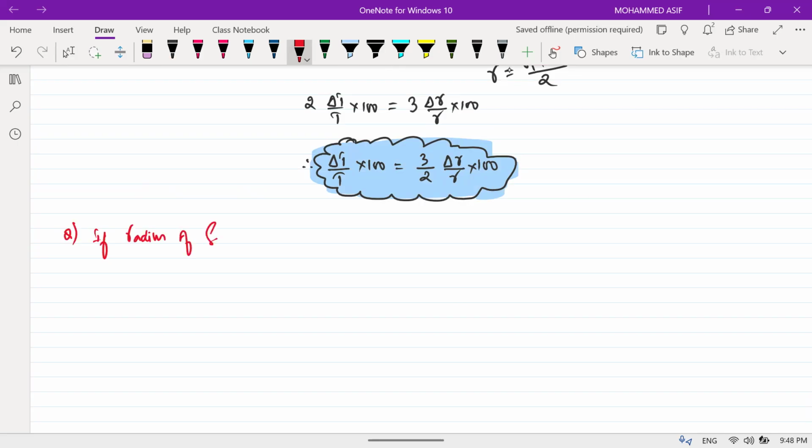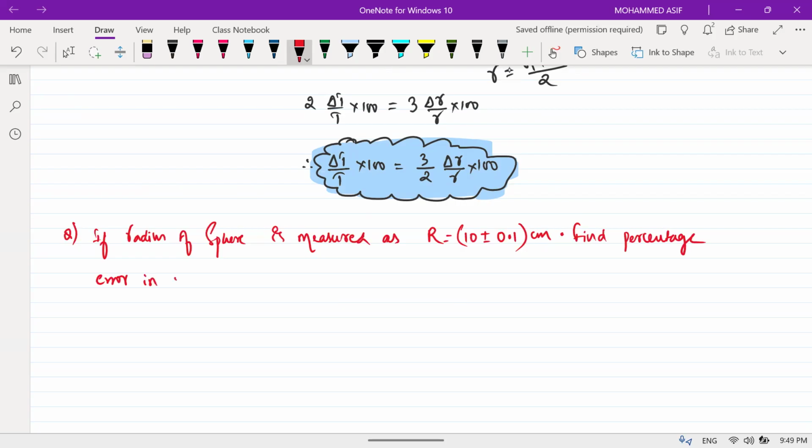If radius of sphere is measured as R equal to 10 plus or minus 0.1 centimeter, find percentage error in the measurement of its surface area and volume. Surface area and volume. Chalo, give me the answer.